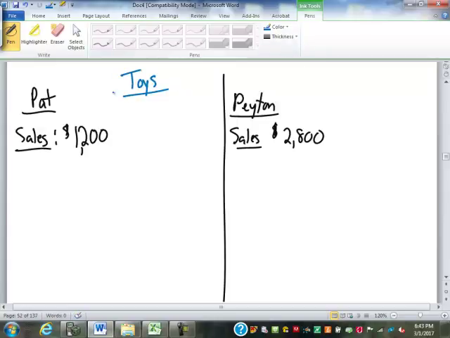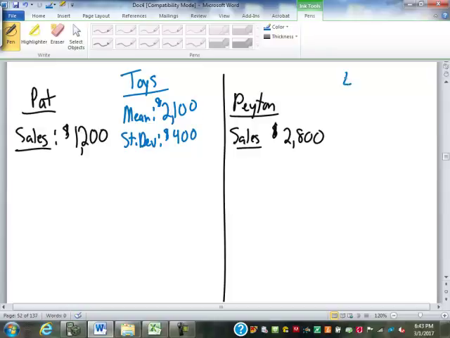And for last week, the mean sales for all people in toys was $2,100, with a standard deviation of $400.